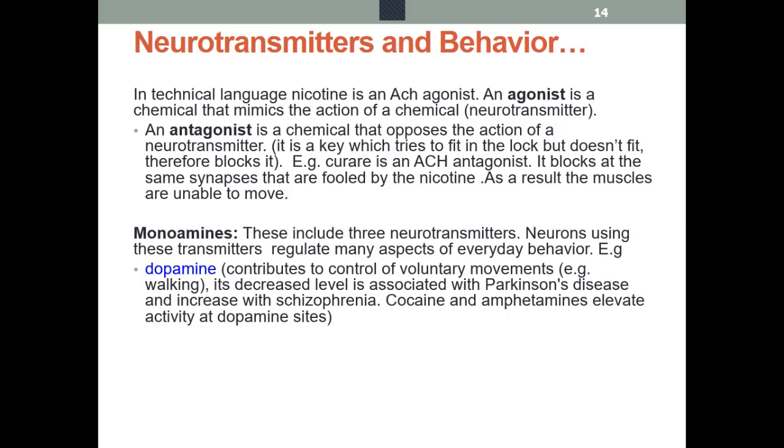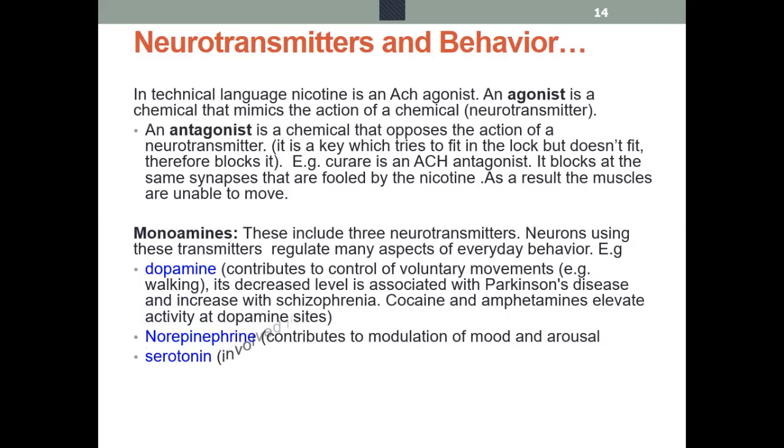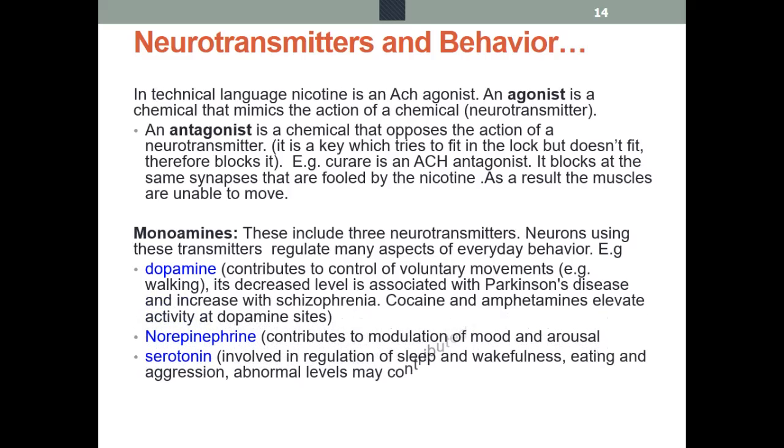Cocaine and amphetamines are supposedly agonists for dopamine. Norepinephrine contributes to modulation of mood and arousal. Serotonin is another monoamine which regulates our sleep and wakefulness, eating, and aggression. Abnormal levels contribute to depression and obsessive compulsive disorder.